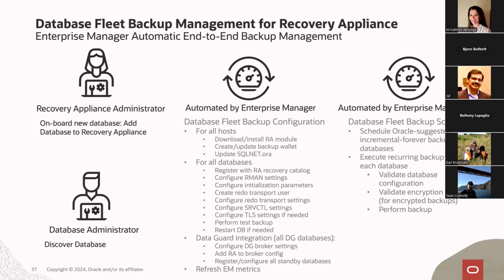We're starting, the onboarding needs to be done. The database needs to be discovered in Enterprise Manager. That's fine. But all other steps are more or less automated here. The configuration for host, databases, and Data Guard, all of that is automated. The fleet backup scheduling, not just the scheduling, but we also test execute to make sure that everything works.